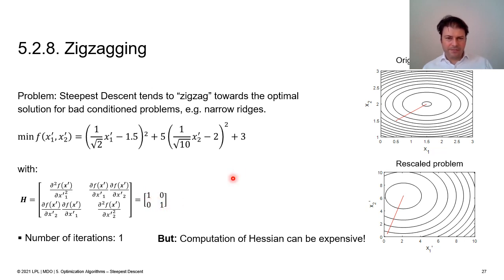And what you did is you changed the shape of your isolines from this to this. And now the gradients will always point at the optimum.